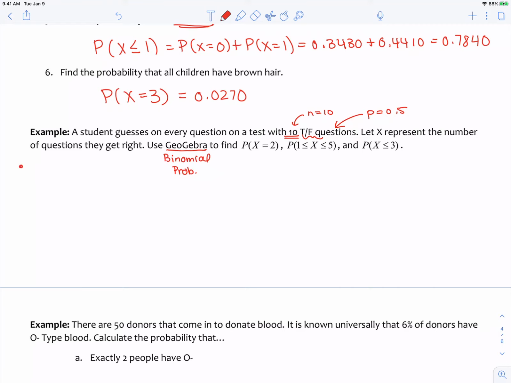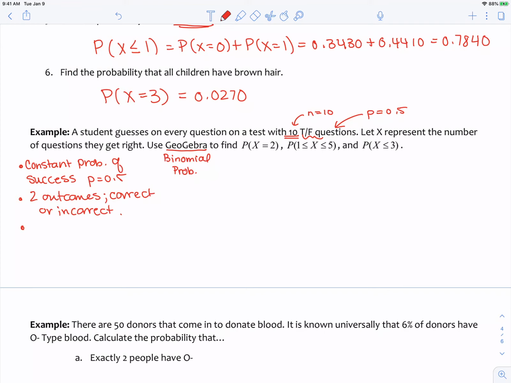So going through the checklist, I have a constant probability of success, p equal to 0.5, because in each individual question, I could either get it right or wrong, equally likely. And then I have only 2 possible outcomes. I could either get the question correct or incorrect.